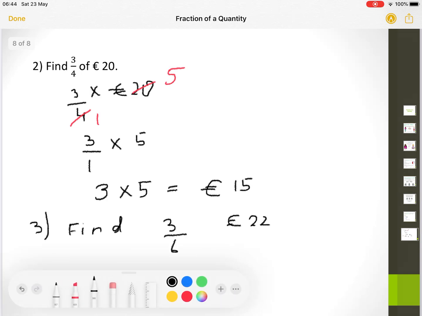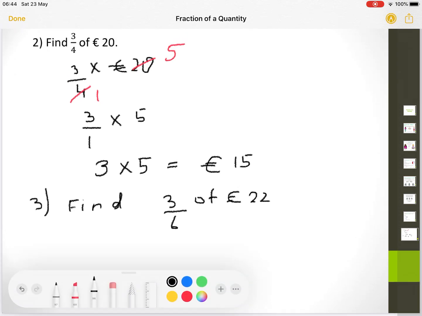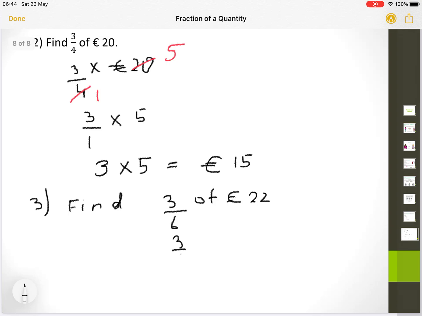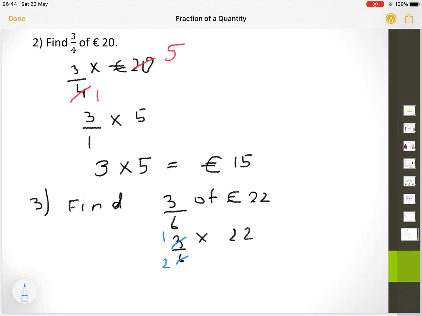I need to write that as a fraction first. 3/6 times 22. Now I have two options. I can cancel the 3 with the 6 because one is at the top and one is at the bottom, or I can cancel the 6 with the 22. I prefer cancelling the 3 with the 6. They are both multiples of 3, so 3 into 3 goes 1, 3 into 6 goes 2.